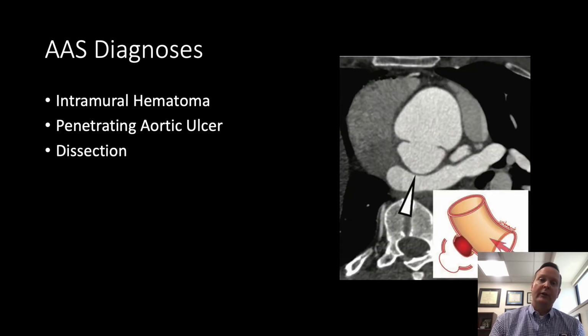On the contrast portion of the study, if there is demonstration of an outpouching of the expected lumen of the aorta beyond the normal margins, this is called a penetrating aortic ulcer. You can see this both in the acute setting and also following that acute setting.